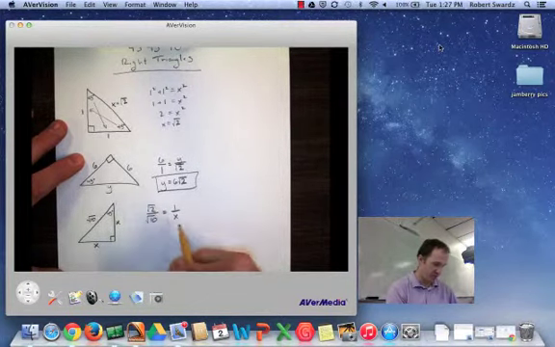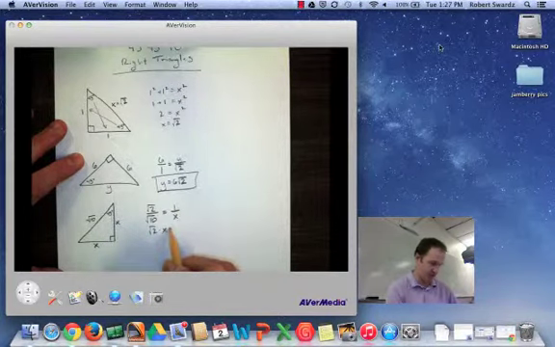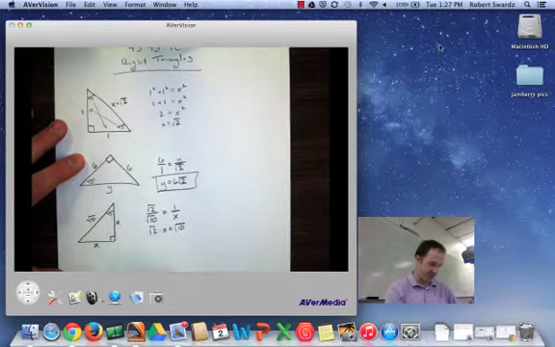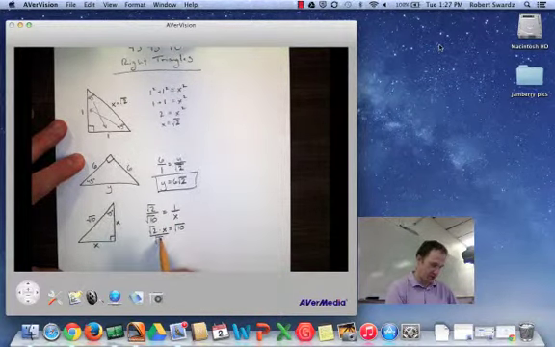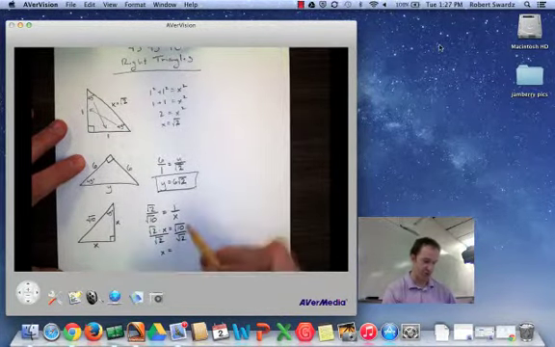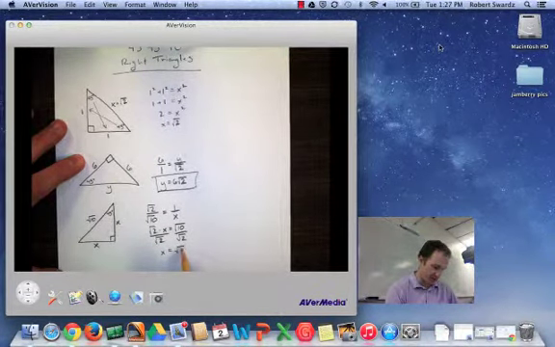Let's cross multiply. So we've got the square root of 2 times x equals the square root of 10 times 1, the square root of 10. Now you divide both sides by the square root of 2 because we want to get x by itself. And we get x equals, now root 10 divided by root 2 is root 5.